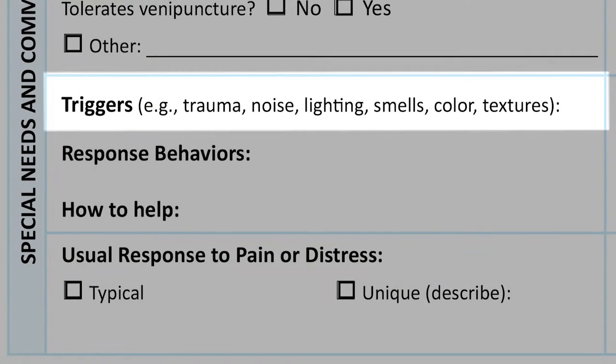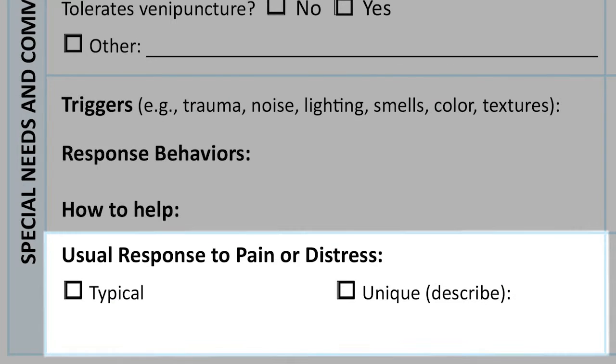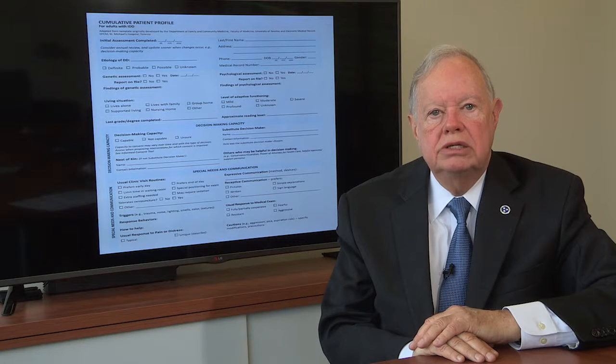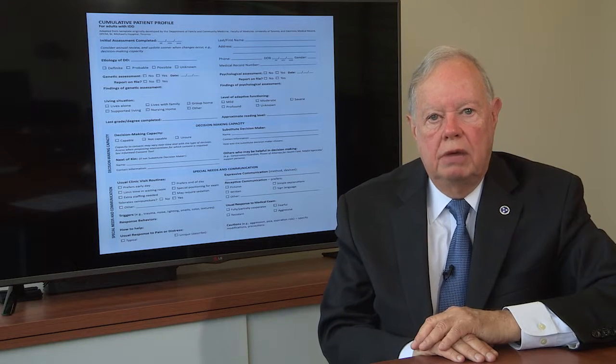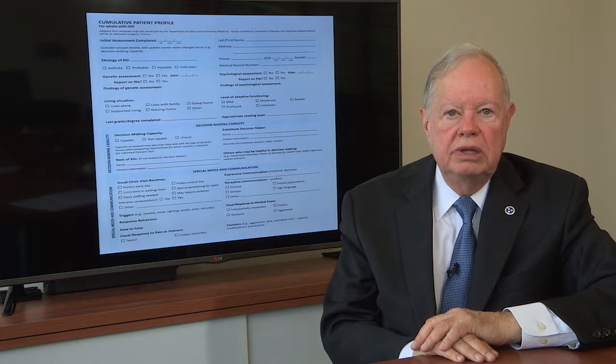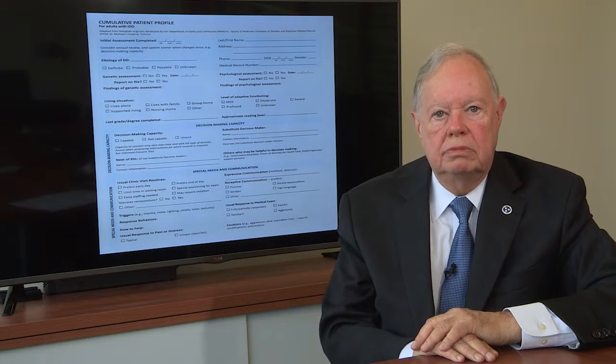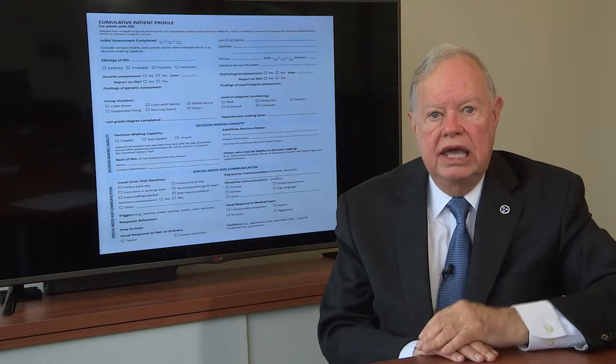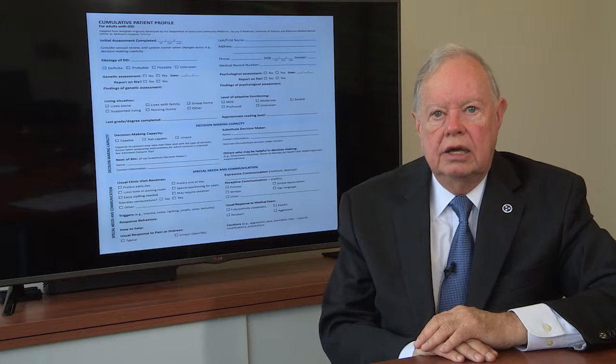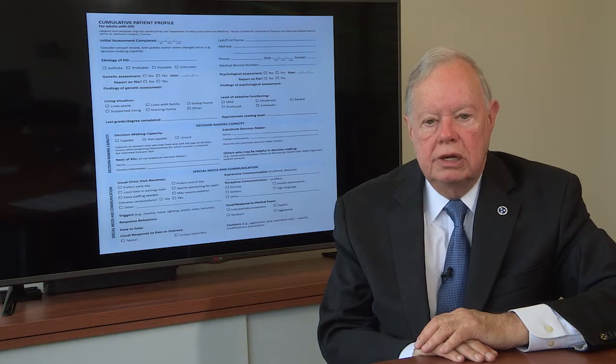Other triggers for behavior I should know about. I need to know how does a person respond to pain? 2 questions I'll ask very early in the encounter is, if someone's with a person with an intellectual disability, how well do you know the person? That tells me how much confidence can I have that they likely can provide really good information.